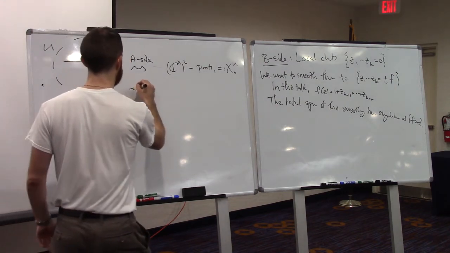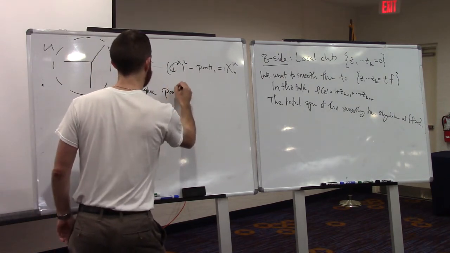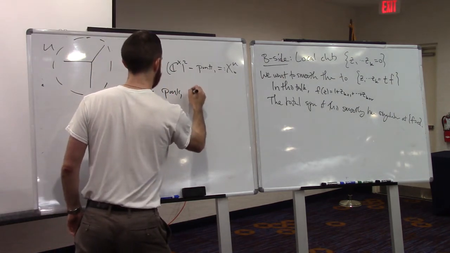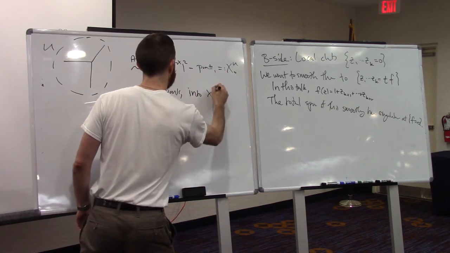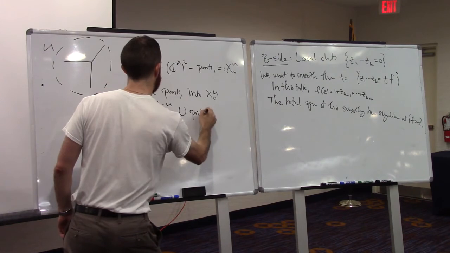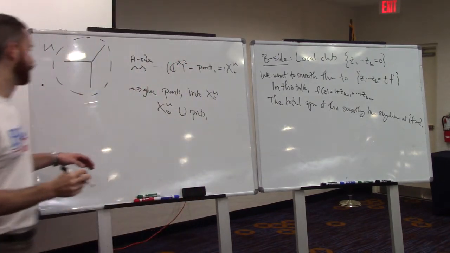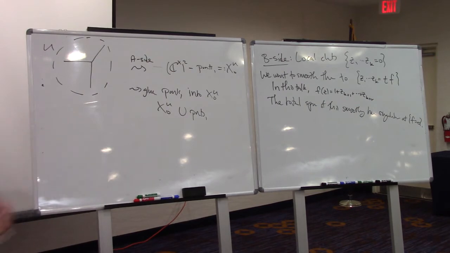This chart tells me to glue a pair of pants into X0U. So I get X0U union a one-dimensional pair of pants as my partially compactified thing. Okay, that's not that exciting.